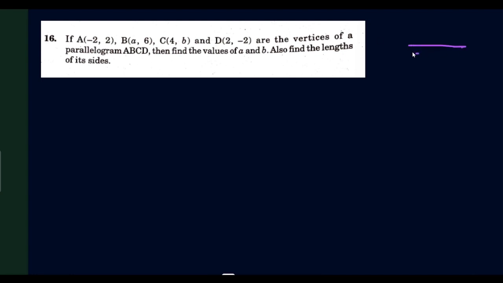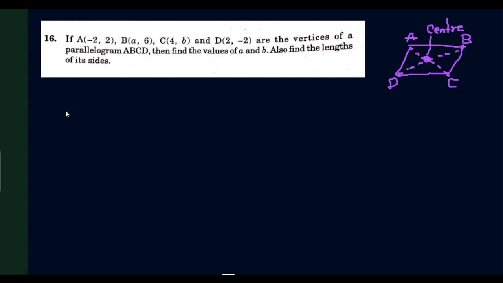Simply, if it is a parallelogram ABCD, then BD is a diagonal and AC is a diagonal. These two diagonals intersect at the midpoint of each diagonal, and that is nothing but the center. So first, if we find the center, then we can simply find A and B.